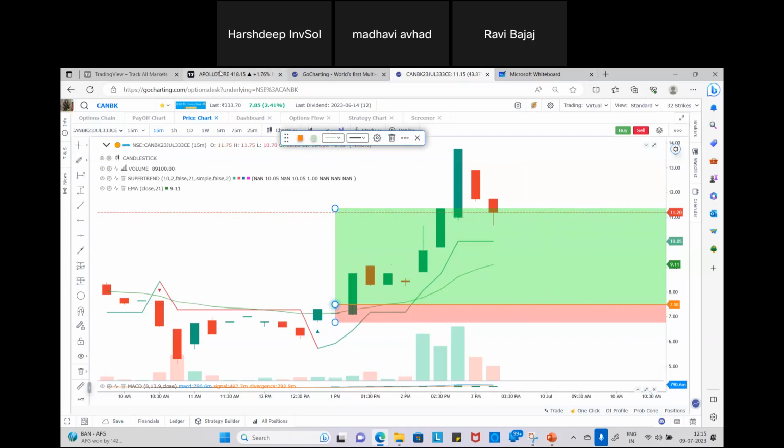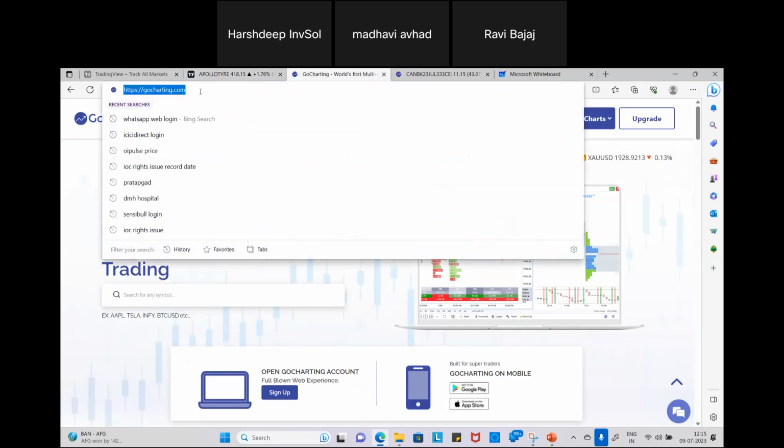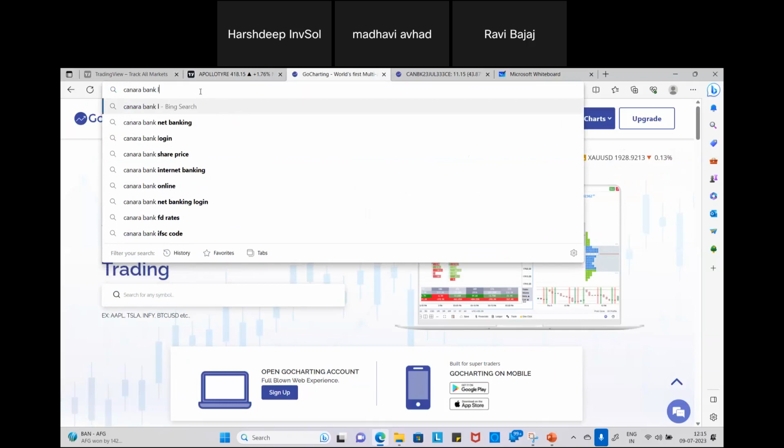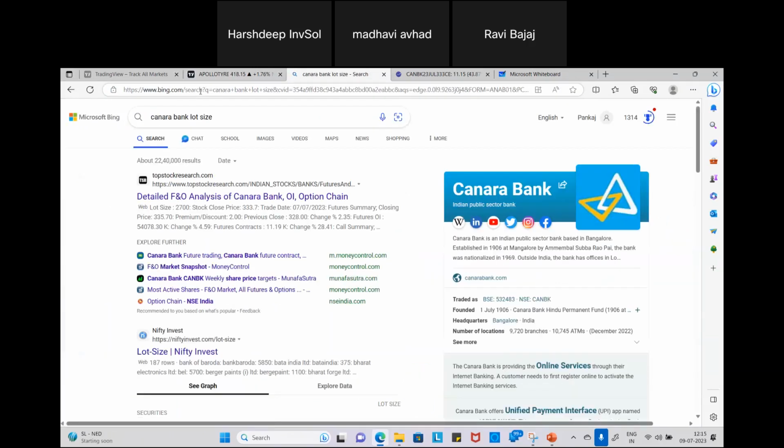So what we will do is we will quickly look at what the lot size of Canara Bank is. Where do I see the lot size of Canara Bank?